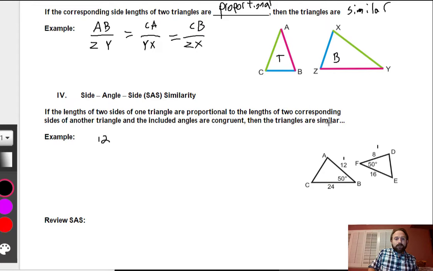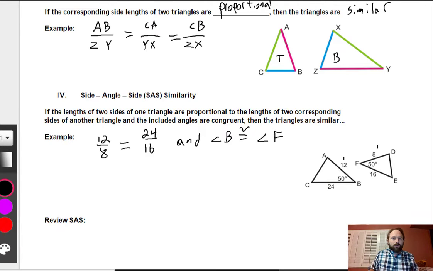If 12 over 8 is equal to 16 over 24, or no, 24 over 16, and the angle in between are congruent, so angle B is congruent to angle F, well then triangle BAC is going to be similar to triangle FDE.